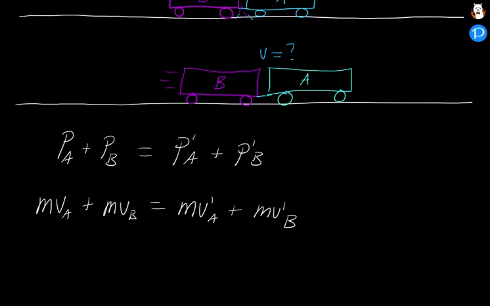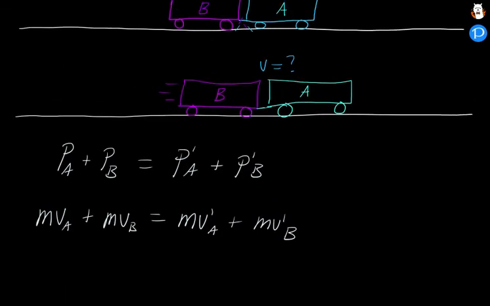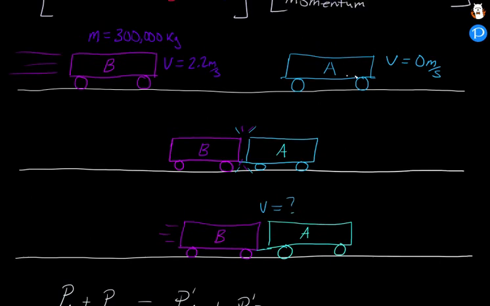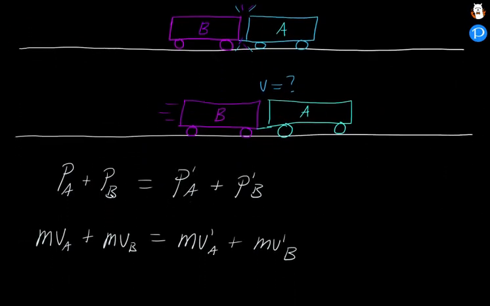All right, so now we can simplify this a little bit further, because if we look at this, my train car A here at the beginning has 0 velocity. It's not moving anywhere. So the momentum for A at the beginning is nothing, because it's mass times 0, so that's just going to go away.